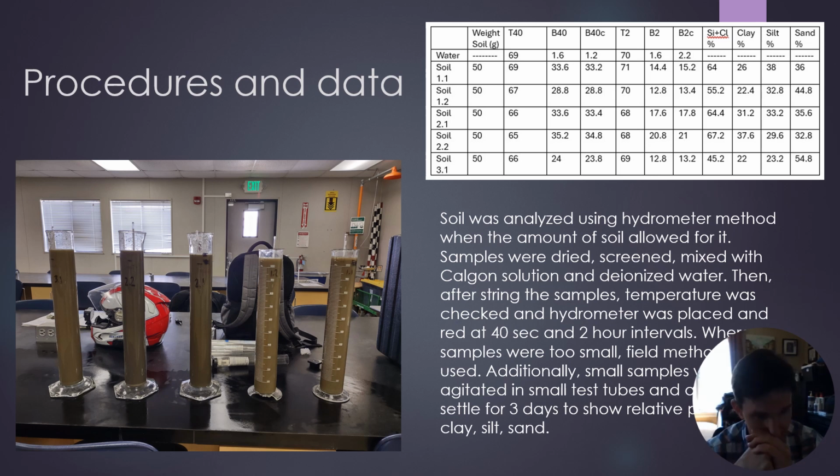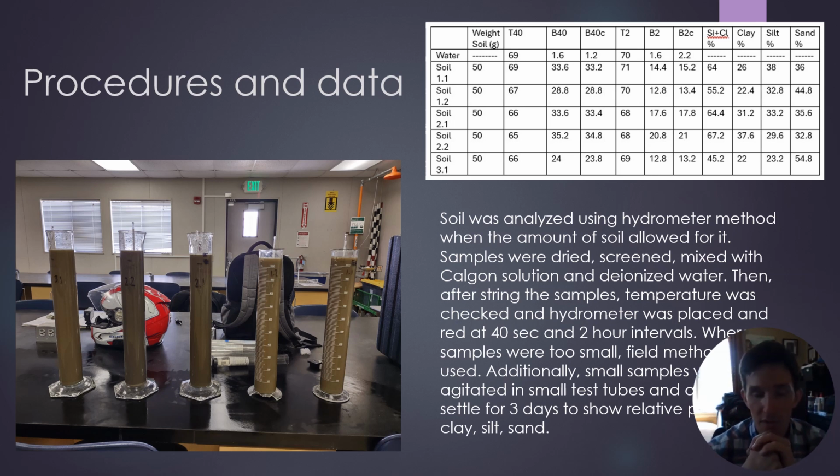Then the next reading was taken after 2 hours, since we assume that within 2 hours, by the size, the silt particles would settle, and the only thing that would be left suspended in the water is clay.